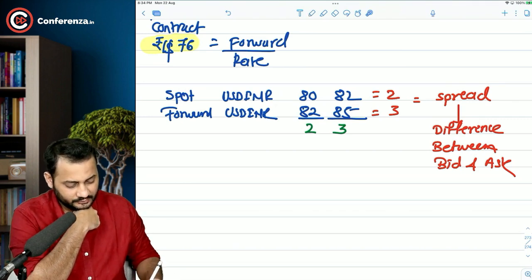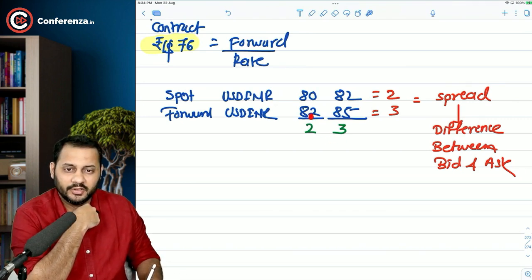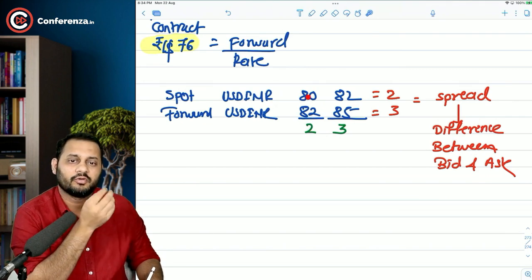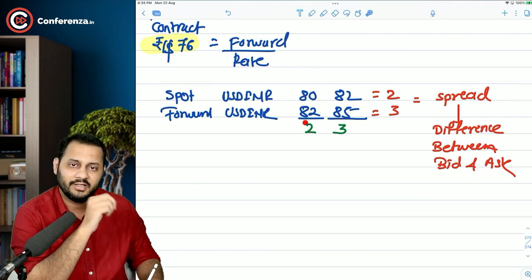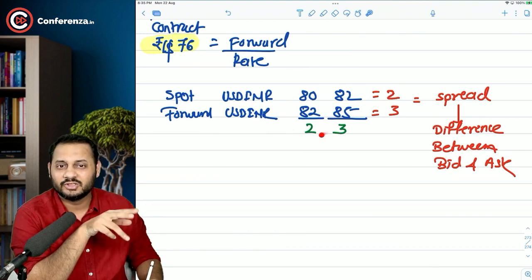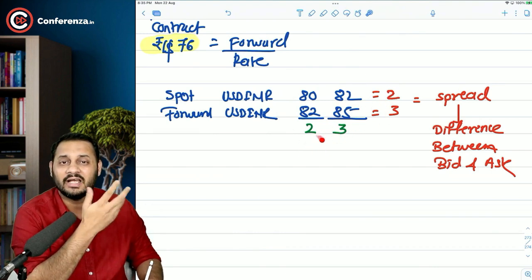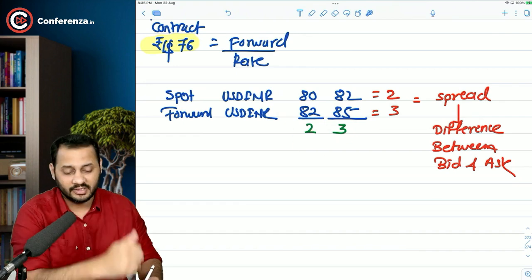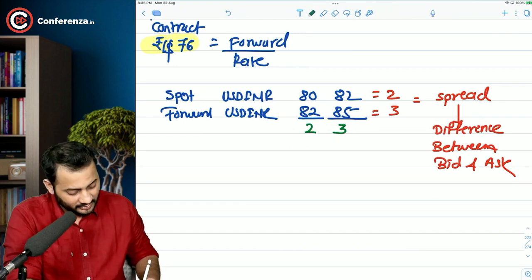Am I right? So from 80 to 82 is 2 rupees and 82 to 85 is 3 rupees. So you can see that these 2 and 3 and these 2 and 3 are same, but the meaning and the use of these numbers are different. This is called the swap points.